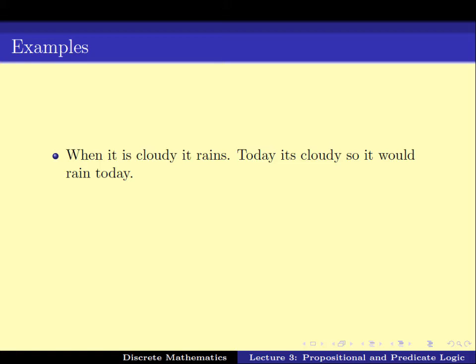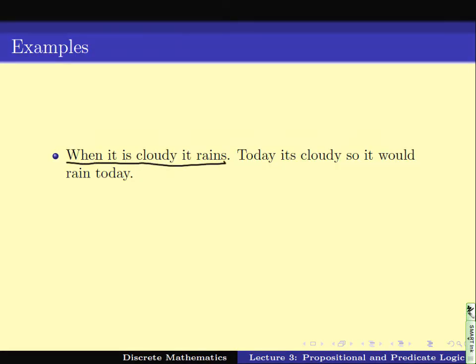It has some set of assumptions and a deduction. Now, what are the set of assumptions? In this statement, this sentence, when it is cloudy, it rains, and the sentence, today it's cloudy, are both part of the assumption. And what's the deduction? The deduction is it would rain today.